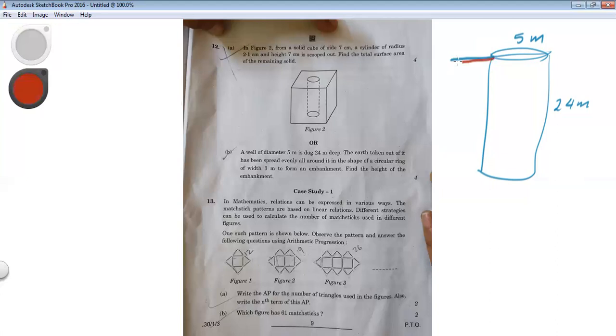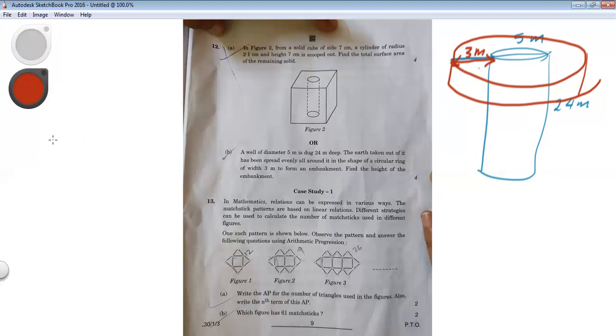Nice question. So let's say this is the embankment. They have made it like this. So you need to find how much height the embankment has. The shape is a circular ring of width 3 meters. So this much is 3 meters. So first let's calculate the volume of the dug up mud that has been taken out.